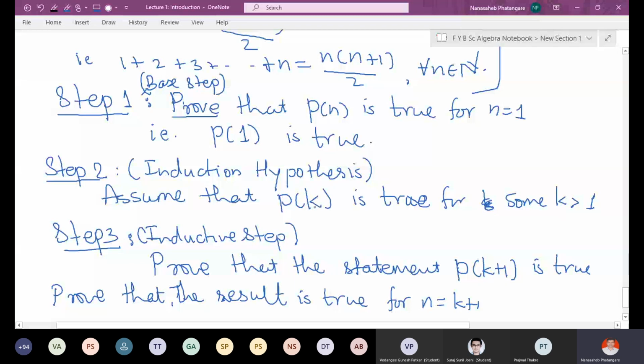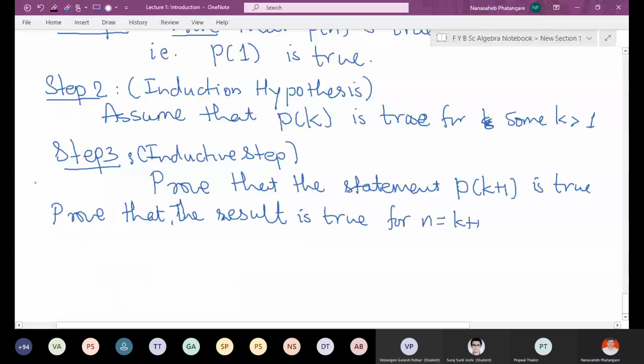And from that, using step 2, prove that statement Pk plus 1 is true. That is, using the induction hypothesis, prove that the result is true for n equal to k plus 1.